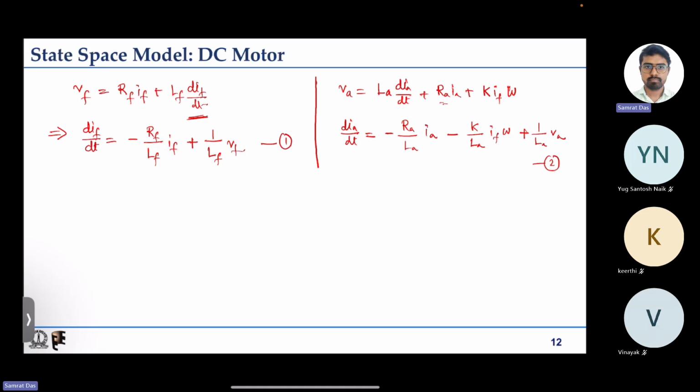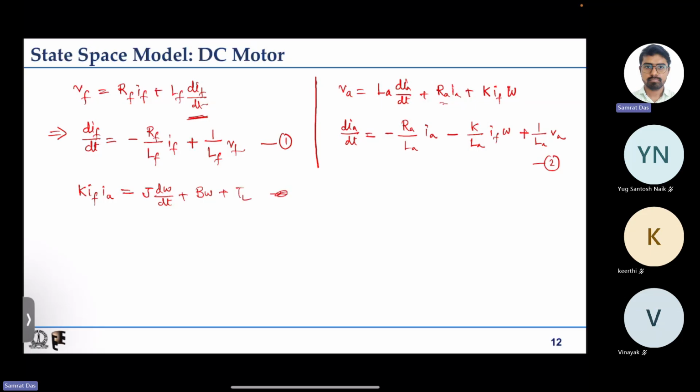That is correct. And the third equation is basically the electromagnetic torque, that is K into If into Ia, equal to J d omega/dt plus B omega plus load torque.